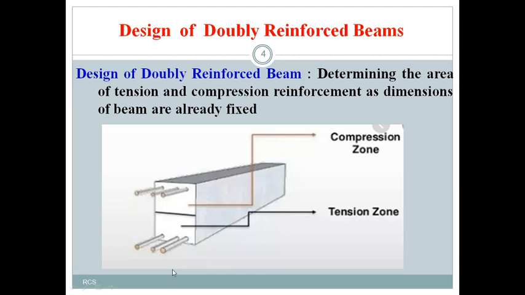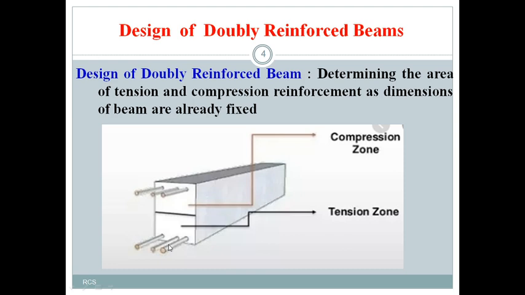In the design of this type of beam, this B and this D are fixed, and the loads, grade of concrete and grade of steel are given to you. Based on that, you have to calculate the area of this reinforcement and the area of this reinforcement. This is the tensile reinforcement, so we have to calculate AST.